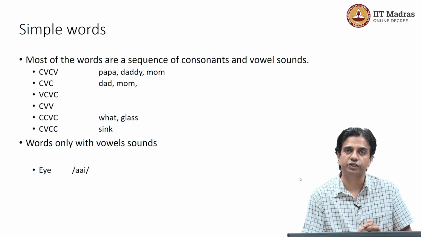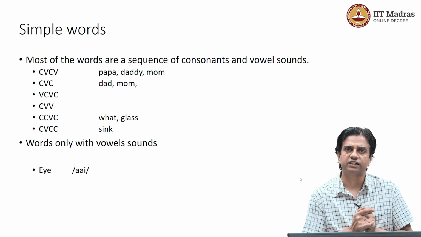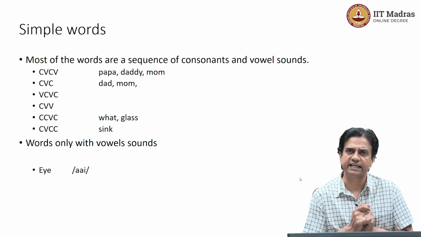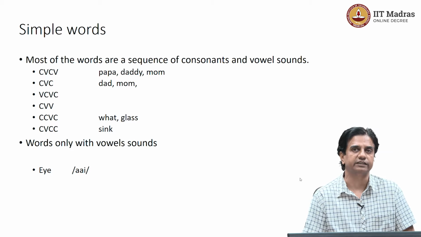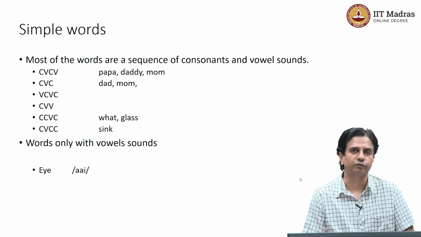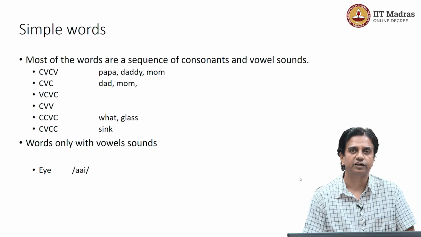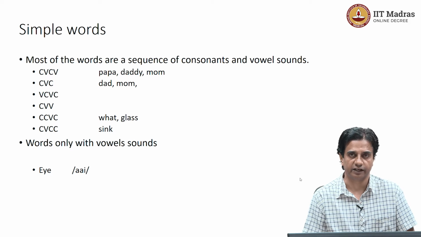For that purpose, we need to look inside the word to see how these sounds are organized. Is there any pattern in it? There is a mathematical pattern. It's a very simple pattern, and once we pay attention to that, we become careful in understanding it. We know the composition very clearly.